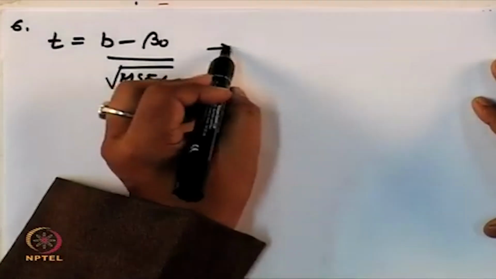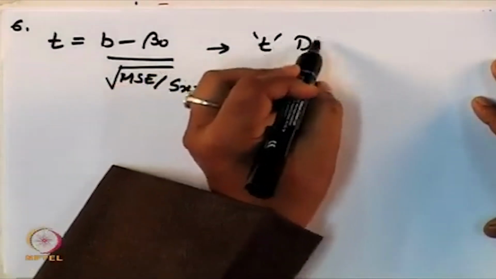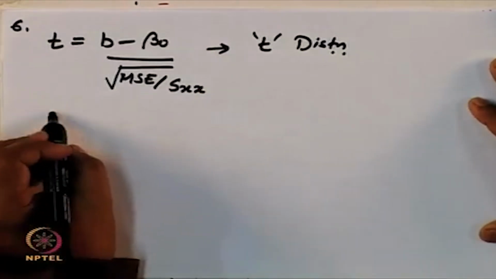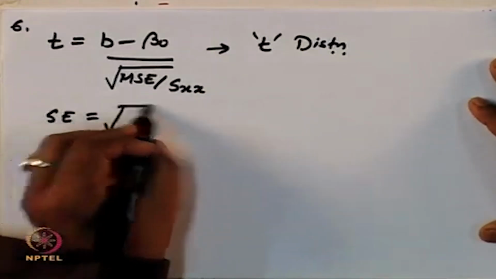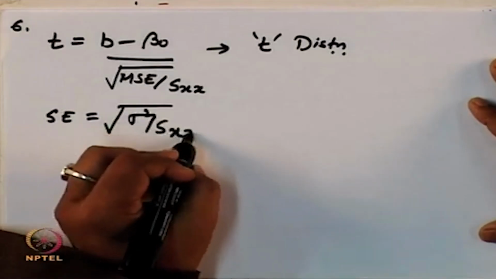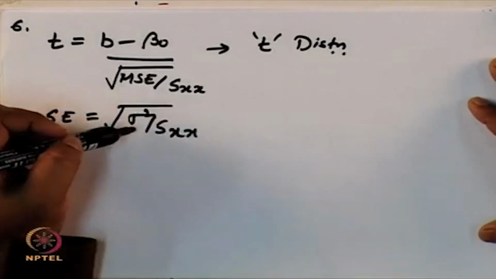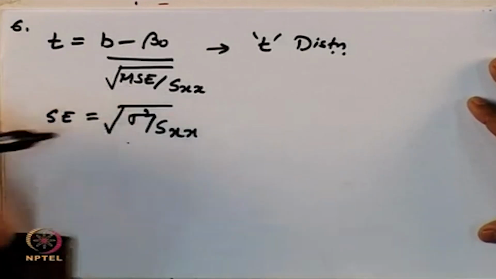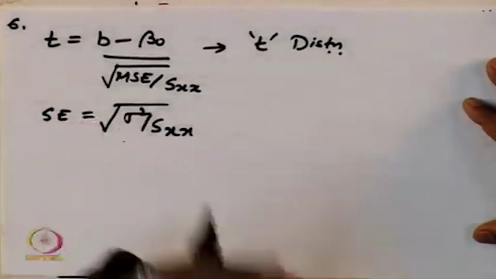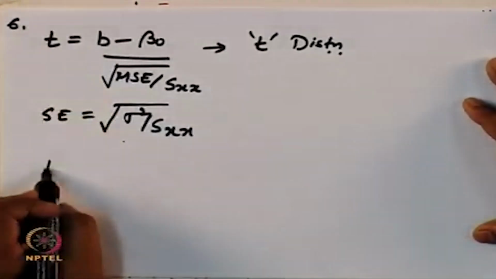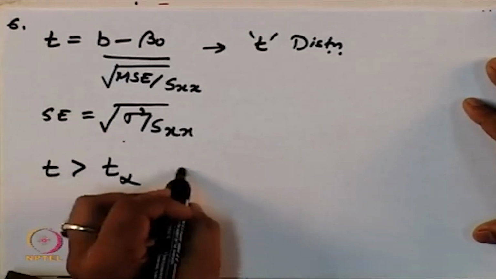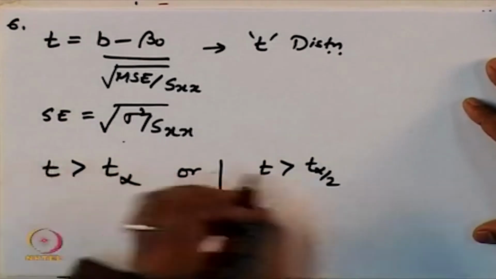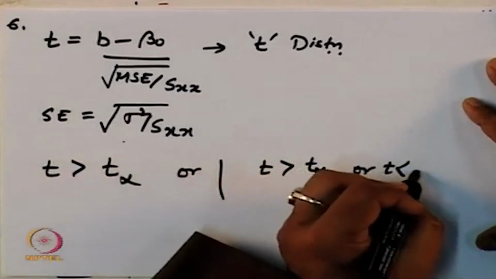So, this follows the t distribution, because your standard error is root of sigma square by Sxx, and as we found, your MSE is the unbiased estimate of sigma square. Okay. With this, and once again as per the test, once you calculate the t statistic, if t is greater than t alpha, or t is greater than t alpha by 2, so this is for the single tail test, or t is less than minus t alpha by 2.